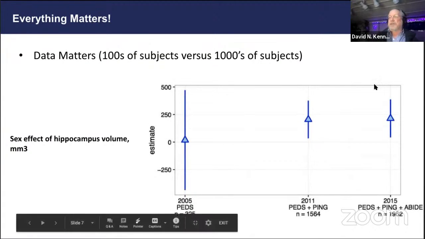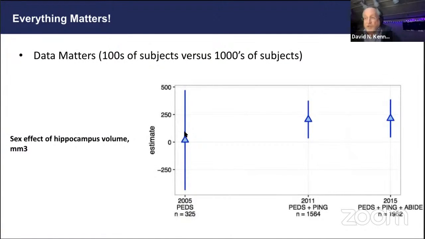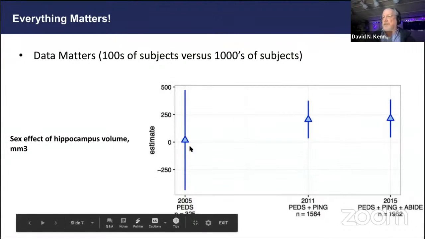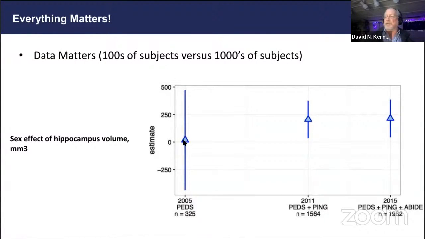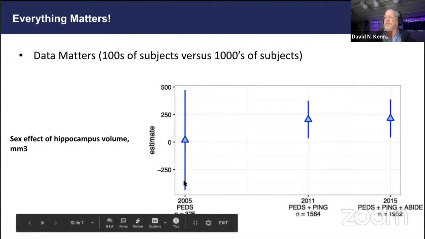We could go back to the state of the literature in 2005 or so, where the NIH funded a large study at the time, 325 pediatric subjects across 7 sites, the so-called NIH pediatric database. You look at that large database, look at the sex effect in the hippocampus volume, and you see sort of a zero effect, but pretty large error bars.